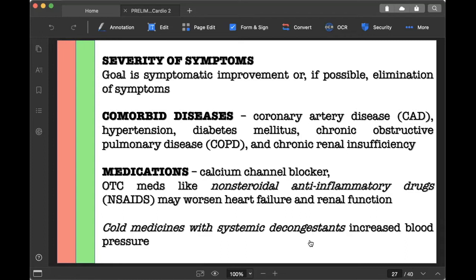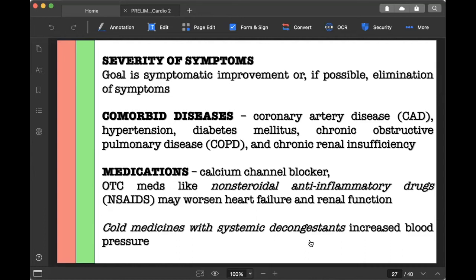In terms of medication, we have your calcium channel blocker, and we also have your over the counter meds like your non-steroidal anti-inflammatory drugs or your NSAID. This can actually worsen the heart failure and renal function.